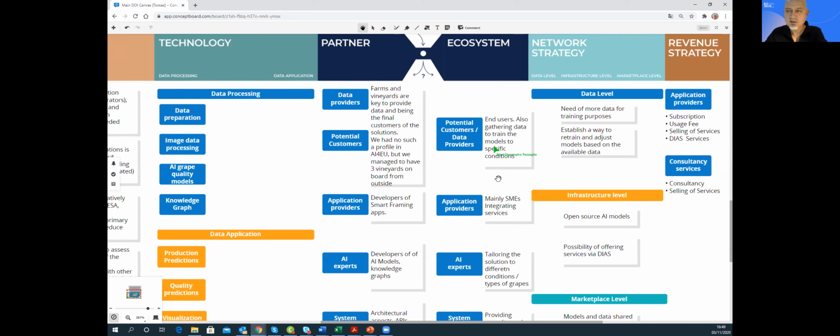And I mentioned here also in the canvas that, for instance, there are these DIAS services that are provided by companies fostered by the European Commission for Sentinel-based services, for satellite services. But in those particular DIASes, you can even deliver these services for other data coming from drones or from mobile. So we could even provide a kind of added value services from a company perspective, not from the SME perspective, to actually make money out of it.